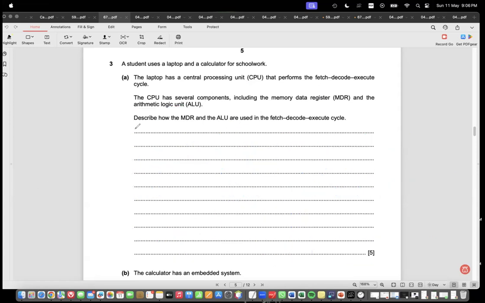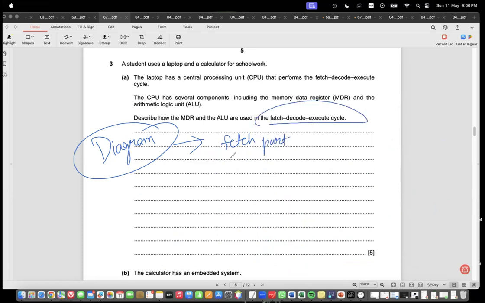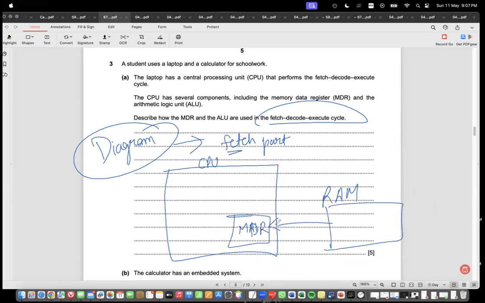Now sometimes a diagram can also come. They can ask you to draw a diagram to explain only the fetch part of the fetch-decode-execute cycle. So only the fetch part means RAM is here. This is your CPU. MDR is taking data from the RAM using the data bus.